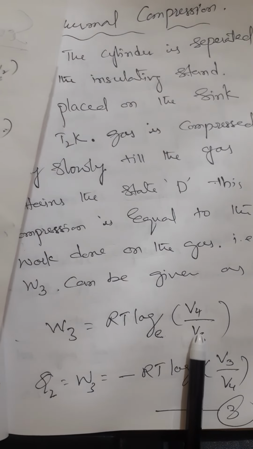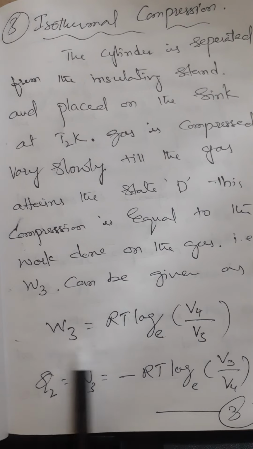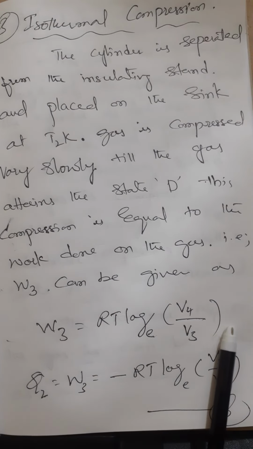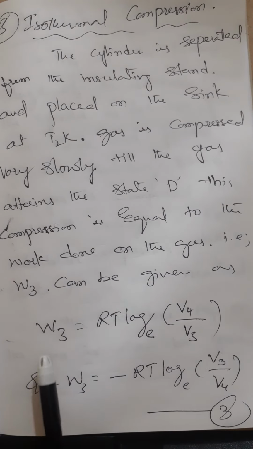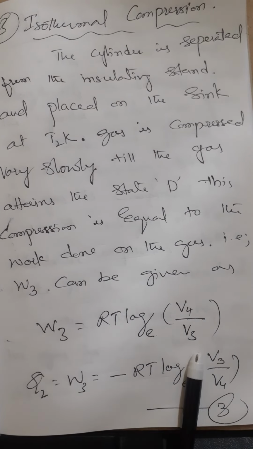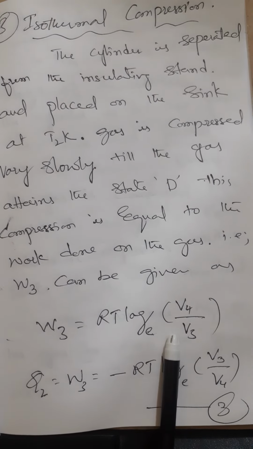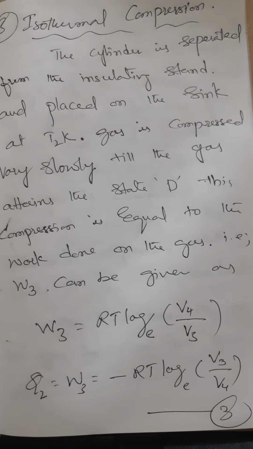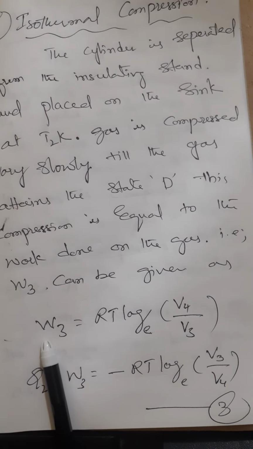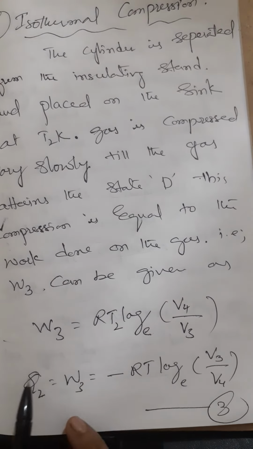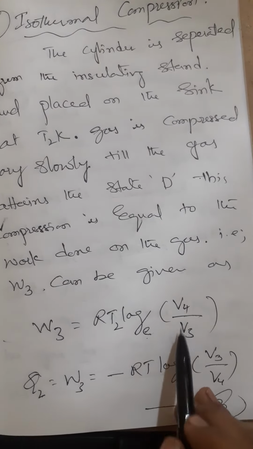The isothermal calculation we already did, so similar to equation number 1 we get W3 is equal to RT2 log e V4 by V3.